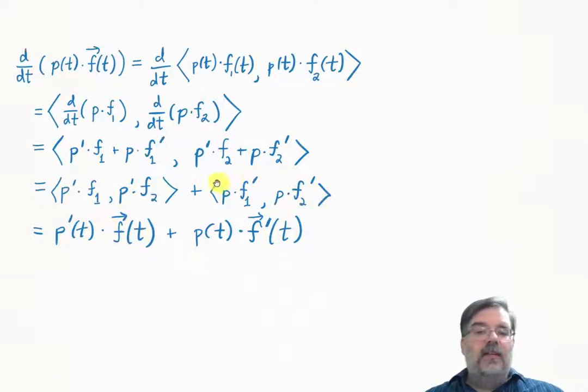In the second vector, there's a factor of p, so we could factor out the function p of t. Then what we're left with, f1 prime and f2 prime, is the derivative of the original function. And once we have it in this form, we can verify that yes, the ordinary product rule also applies even if you're doing an ordinary function times a vector function. It's nice when math works out like that.